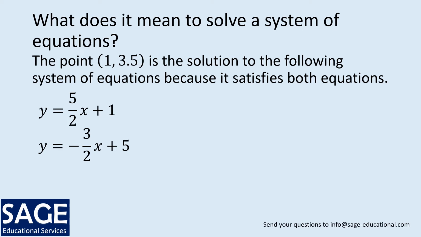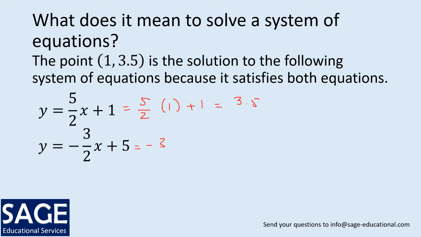So let's see, in this example, we're told that (1, 3.5) is the solution to this system. We will substitute in the first equation, x is equal to 1, and we're going to solve for y, and that gives me y is equal to 3.5.